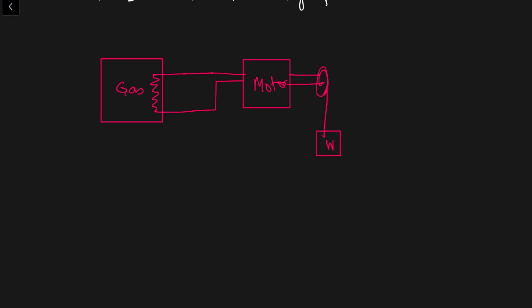Once this weight goes down, the shaft will rotate, and this motor will behave like a generator. It will generate some current, and because of that there will be some heat transfer here. Now we will appreciate that if I am considering only the gas in this container as my system, then there is only heat transfer.